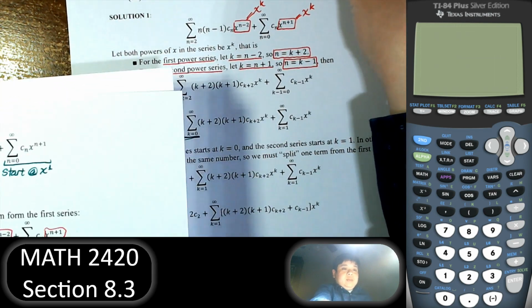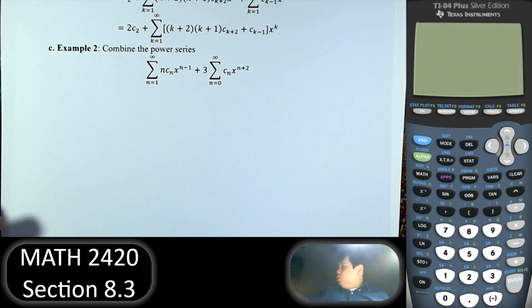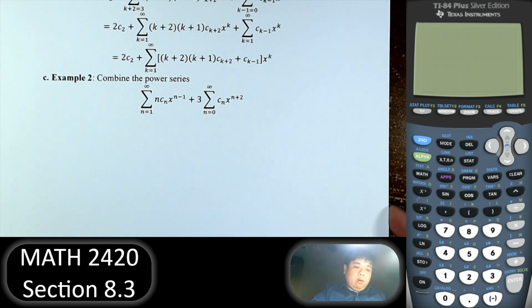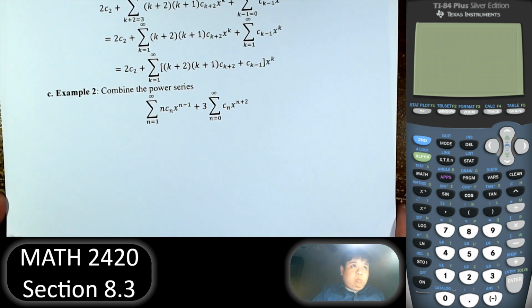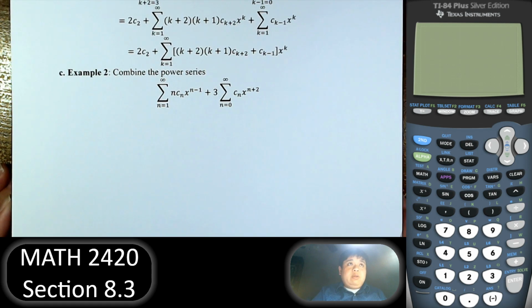Right. So we need to know how to do this first before we can write the solution to a differential equation. Right. Now combine this. There are two ways to do this, and I prefer to go with the first one.